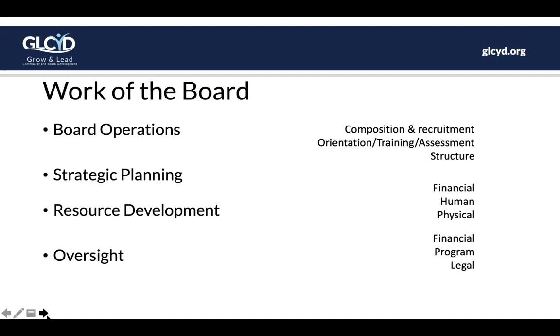From the program lens, again, making sure that the programs and services are accomplishing what they're supposed to and they're succeeding. And then from the legal standpoint, like we talked about, in duty of obedience, just making sure that those forms are being filed on behalf of the board, like your 990 or your annual report. We're here in Michigan. So the state of Michigan has an annual report you need to be filing.